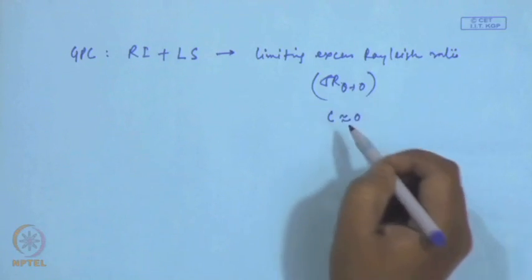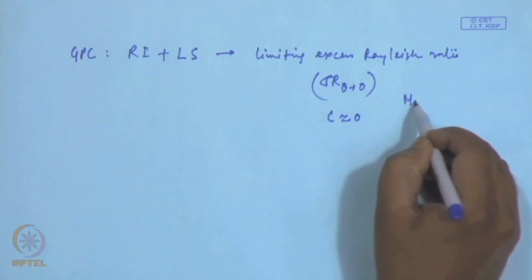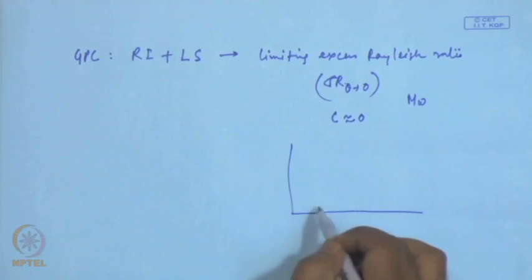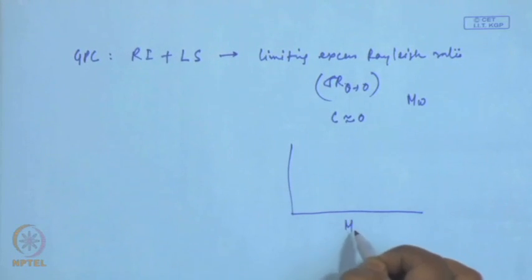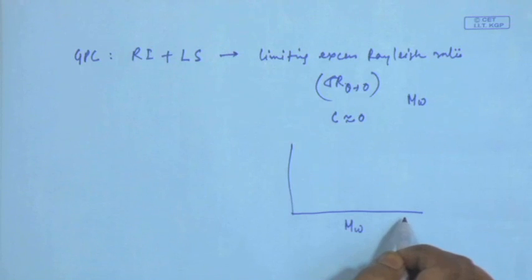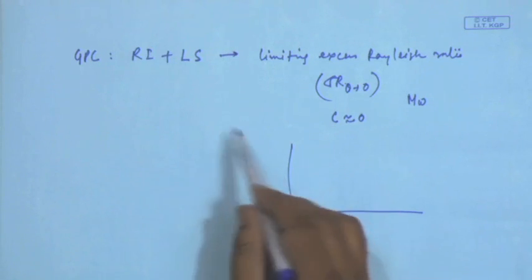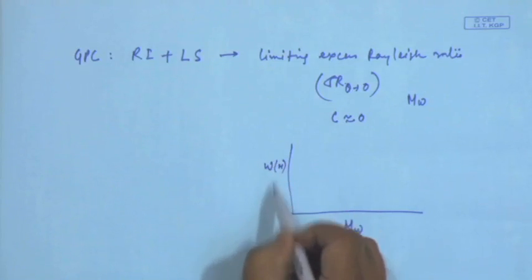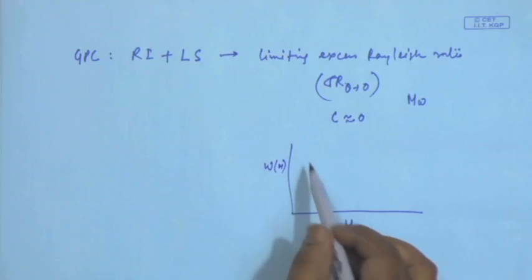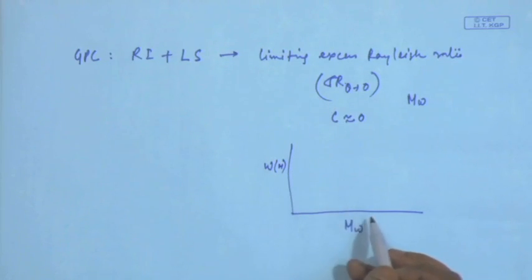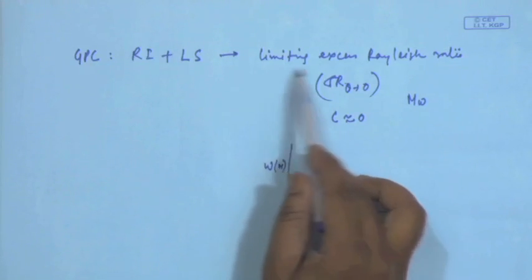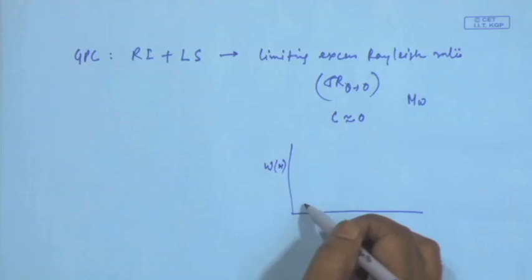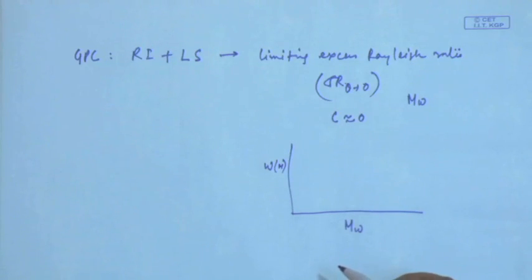So, from these two, as the samples elute, we can get the molecular weight data in real time, and from the RI detector, the concentration detector, we can get the weight fraction automatically. So, we do not need a calibration curve if we have an absolute molecular weight detector like the light scattering detector. So, we can get a molecular weight distribution.